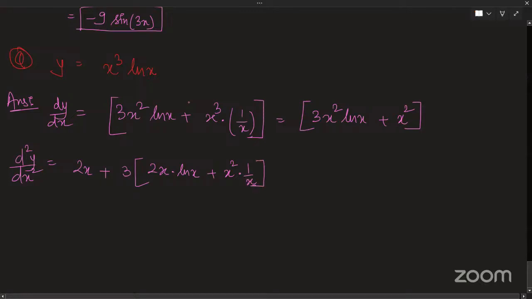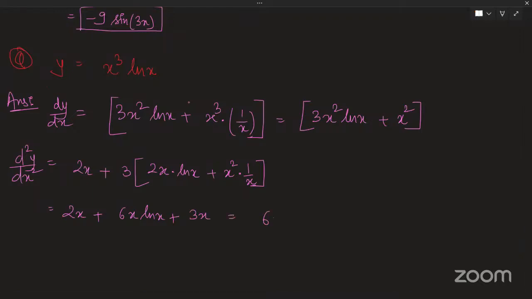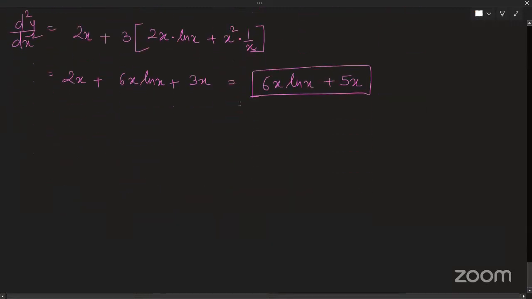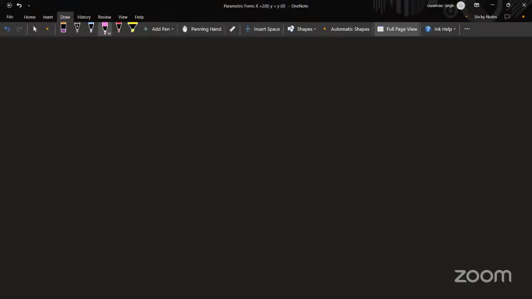Correct? Plus, so this will be 3x plus 6x into ln x plus 3x, right? So this thing becomes 6x into ln x plus 5x, right? Yes, sir. Okay, great.